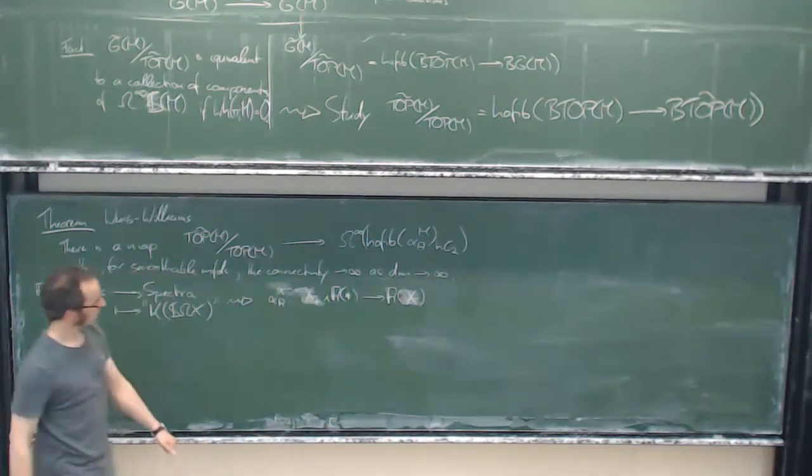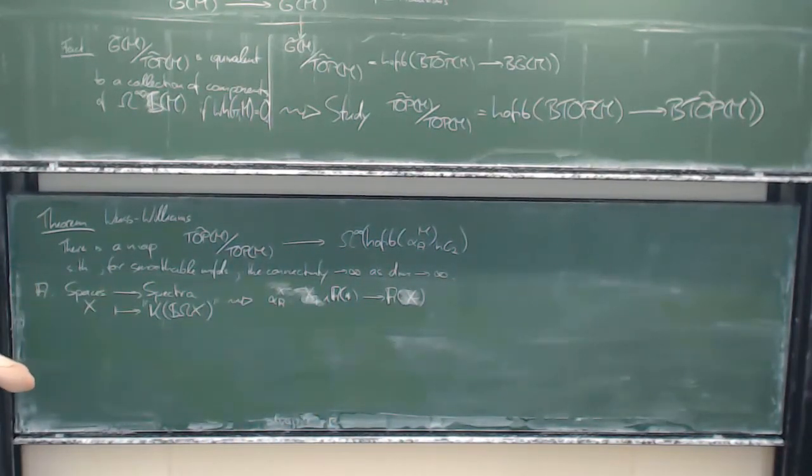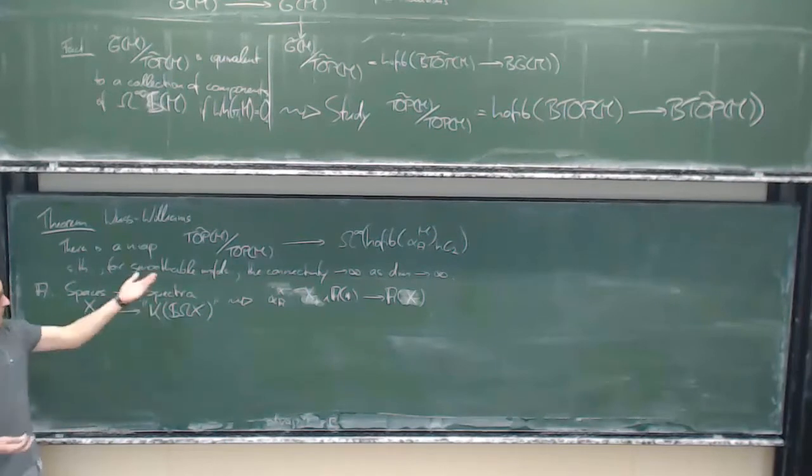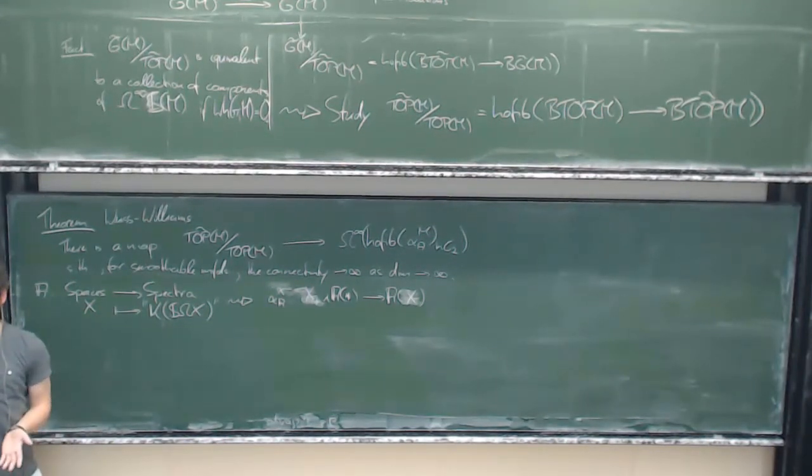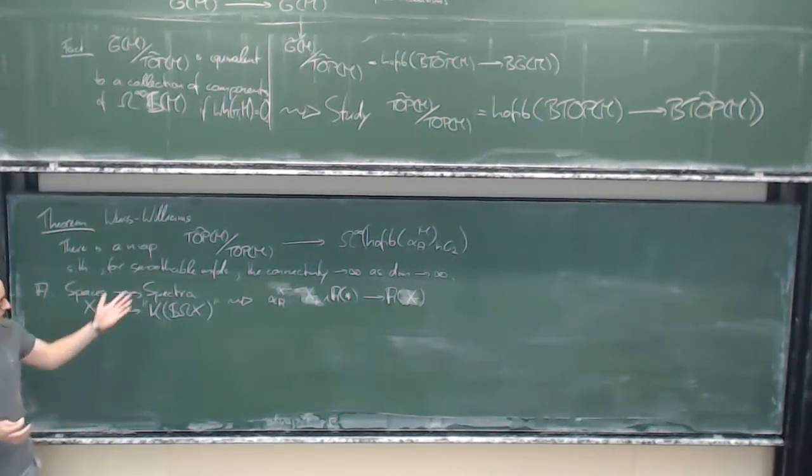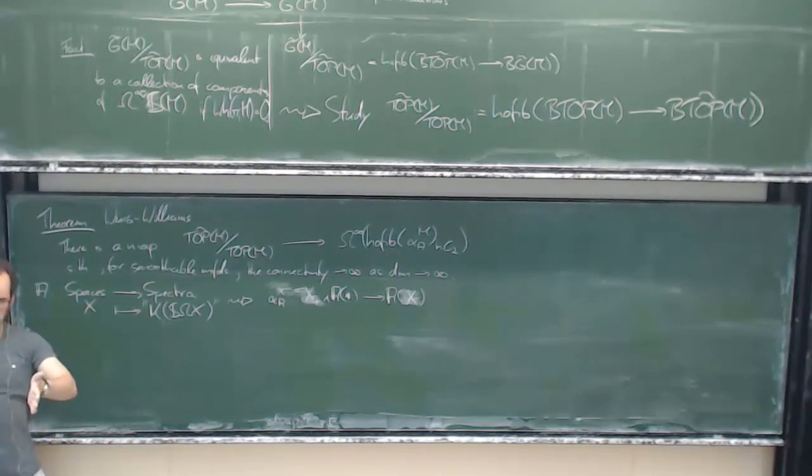So what this is supposed to mean is that for smoothable manifolds, there is a certain lower bound on the connectivity of this map, which is given in terms of the dimension of our manifold. It's roughly n over 3, I think. And that tells us that the higher dimensional our manifold is, the higher the connectivity of this map is.